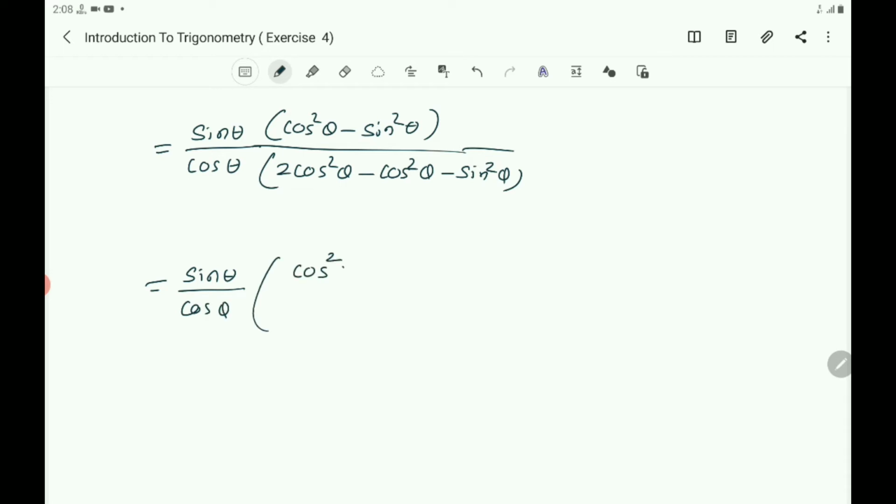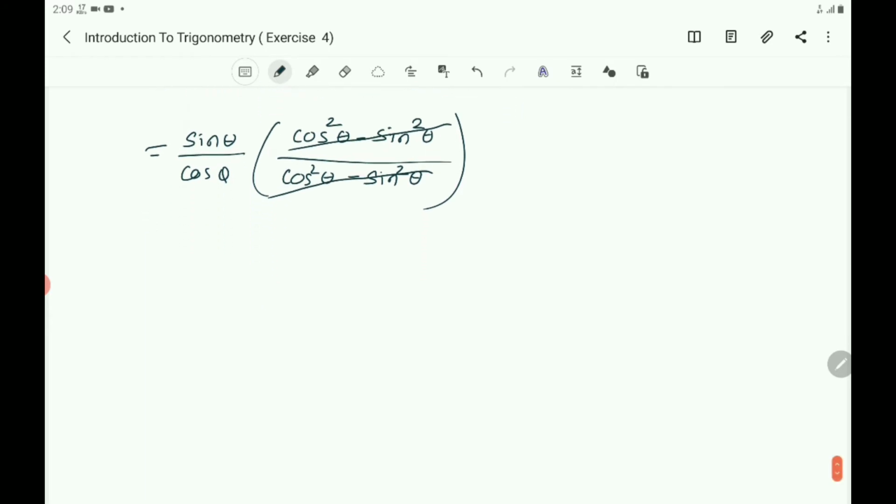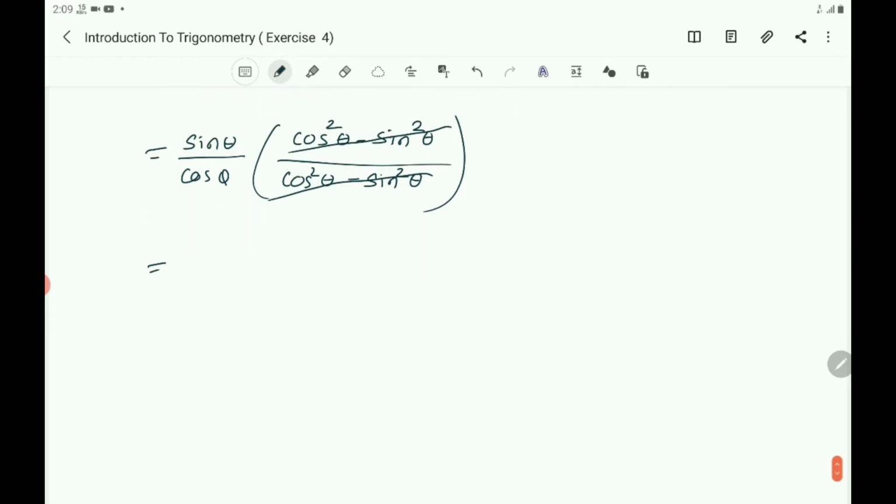And here you are going to get in the numerator cos theta minus cos square theta minus sin square theta, that divided by 2 cos square theta minus cos square theta, you are going to get cos square theta minus sin square theta. Then you know that cos square theta minus sin square theta cancels. Then sin theta by cos theta is tan theta.